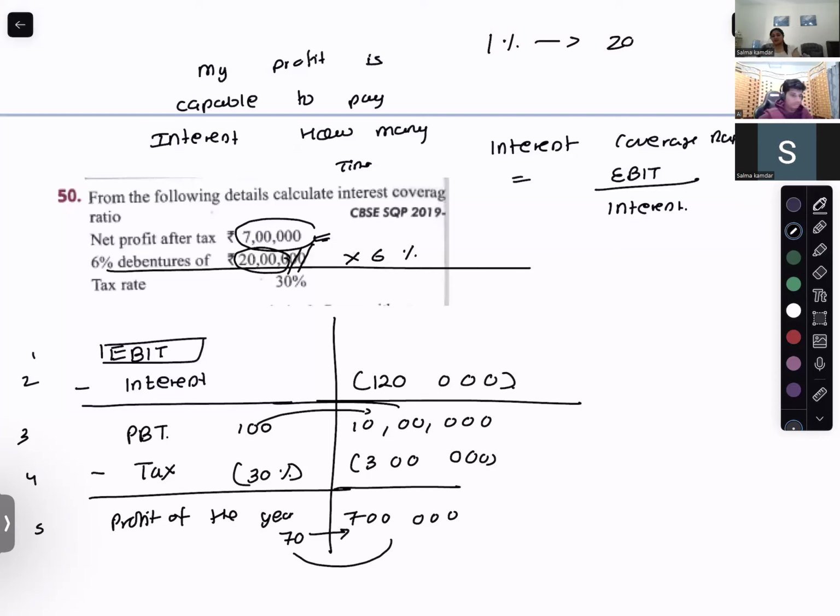So what is the EBIT, or profit before interest and tax? It will be 11 lakh 20,000. Very good. So earnings before interest and tax is how much? 11 lakh 20,000. What is the interest?